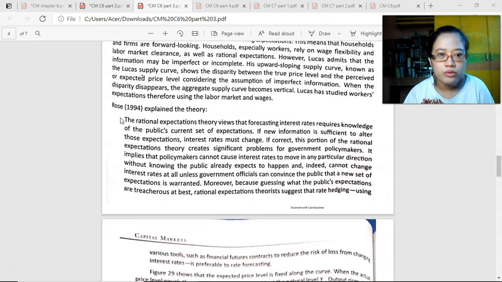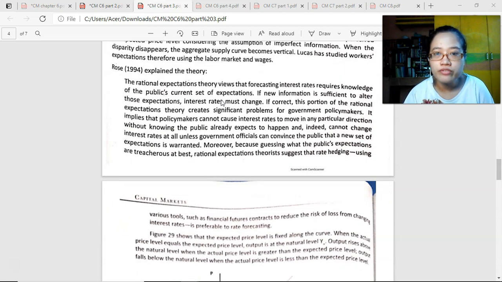Okay, so Rose explained the theory. The rational expectations theory views that forecasting interest rates requires knowledge of the public's current set of expectations. If new information is sufficient to alter those expectations, interest rates must change. If correct, this portion of the rational expectations theory creates significant problems for government policymakers because people would have already responded a certain way before the changes have been implemented.